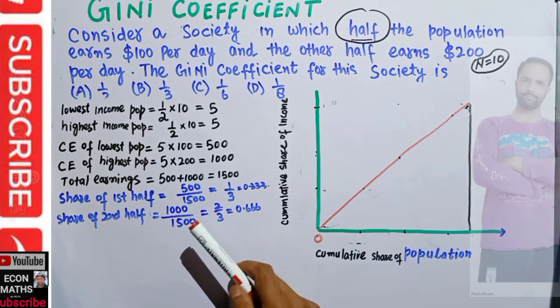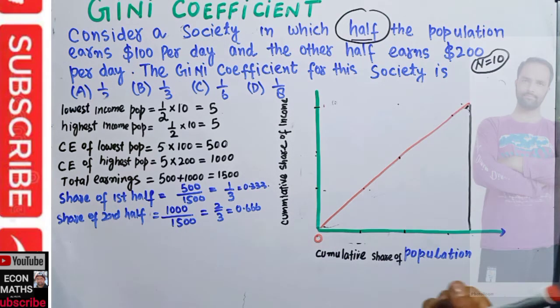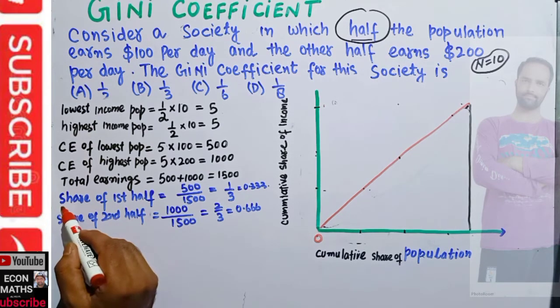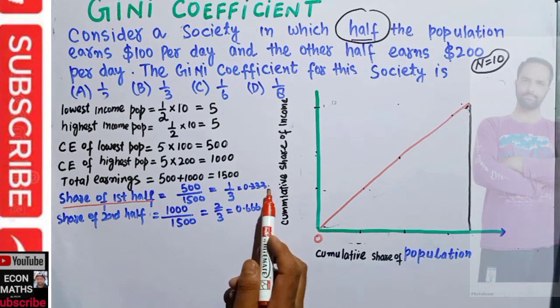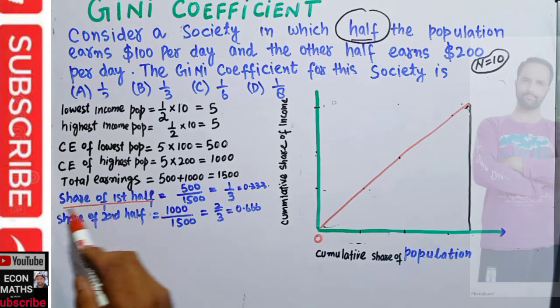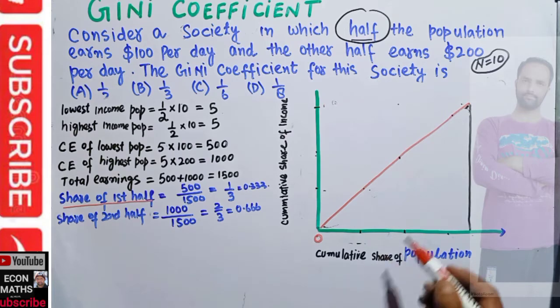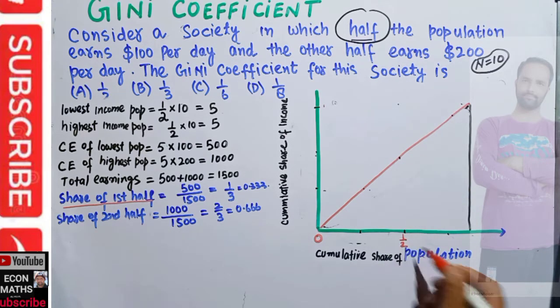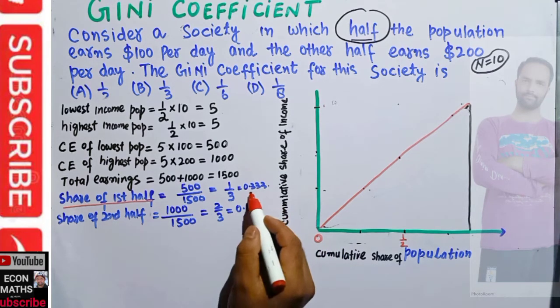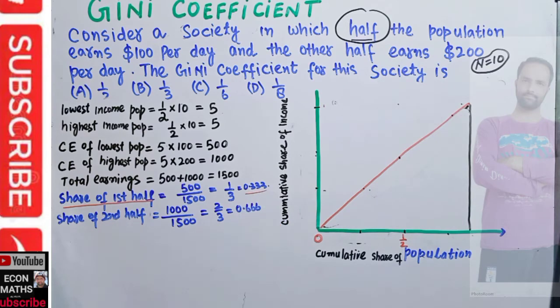Now let's try to show on the graph how to calculate the Gini coefficient. We got the share of the first half of the population. That means 50% of the population owns 33.33% of total wealth. So let us say this is 1/2 or 50%, and we are told that they own 33% of the total income.